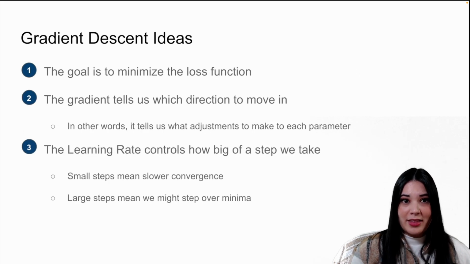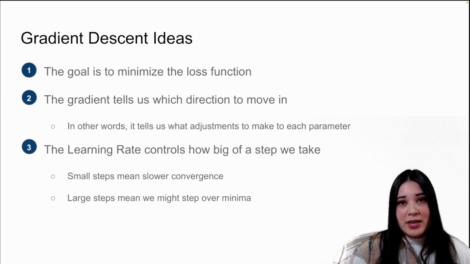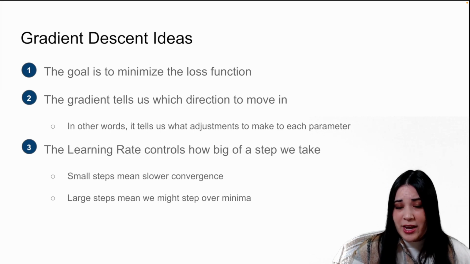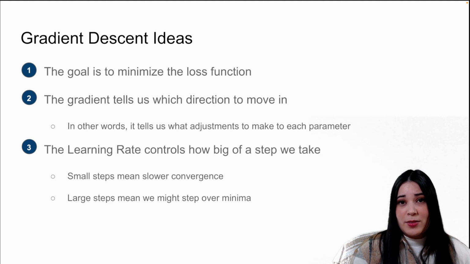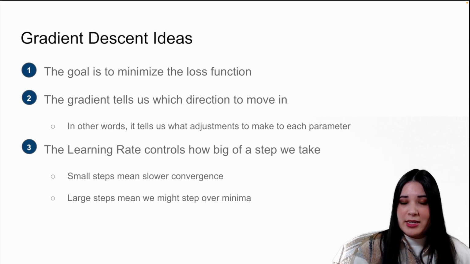All right, and that's the last big idea of gradient descent. The learning rate controls how big of a step we take. Too big and we're going to bounce around, too small and we'll take forever to reach anything. And we also talked about the idea that we may want different learning rates at different parts in the process. All right, and those are the big ideas of gradient descent.